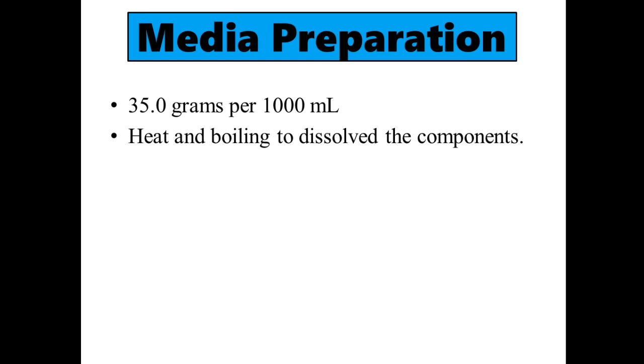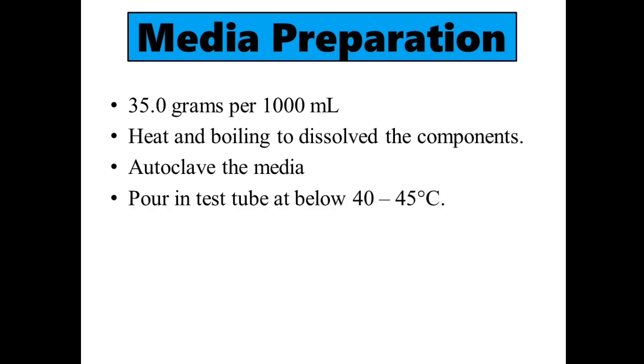Once you put the 35 gram in 1000 ml, you have to heat it until the media boils and all the components are dissolved. Then the media should be autoclaved at 121 degrees Celsius for 15 minutes. This is the autoclave.